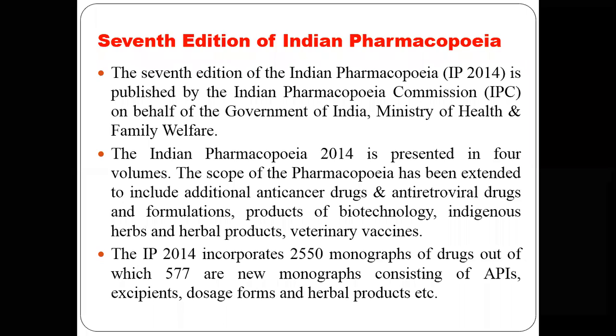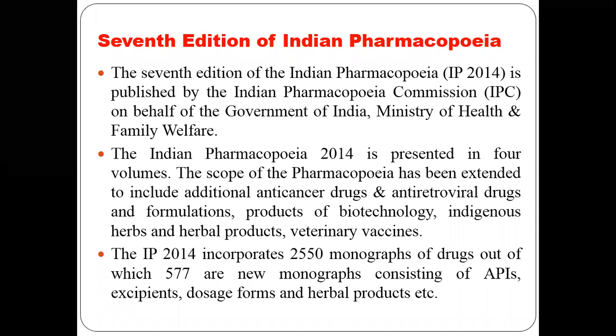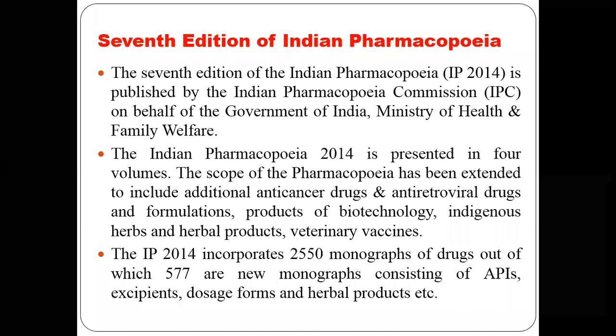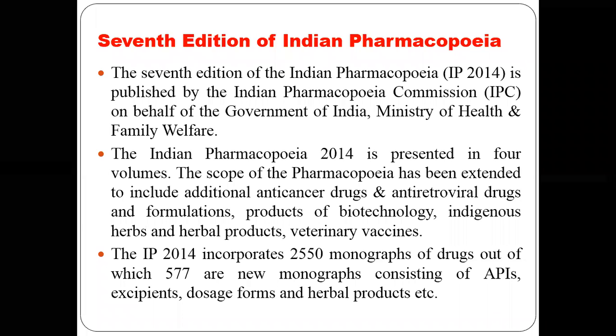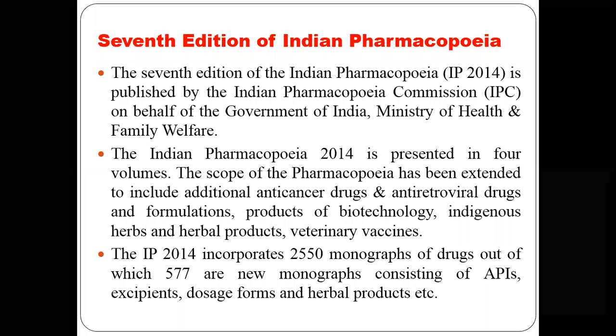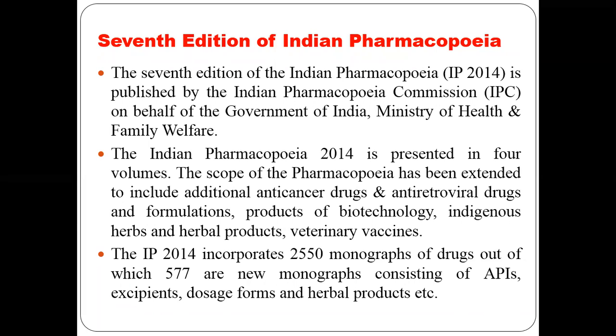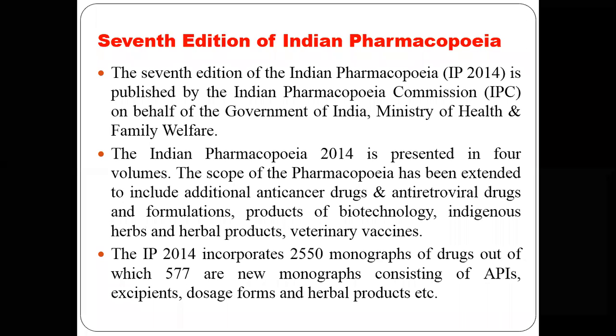Then the 7th edition of the Indian Pharmacopoeia was published in 2014 by the Indian Pharmacopoeia Commission, IPC, on behalf of the Government of India and Ministry of Health and Family Welfare. It is presented in 4 volumes.